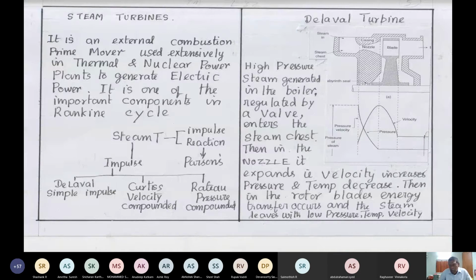This person invented it, or was probably the first to use it, because normally to increase the velocity, our human intuition tells us to reduce the area of cross section. But in some cases, when the velocity is extremely high, the area has to be increased. Such a nozzle is called the converging diverging nozzle.